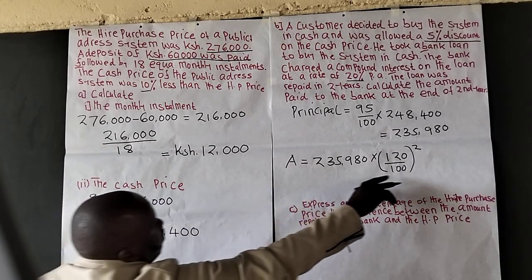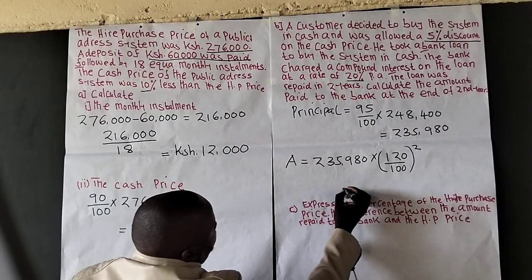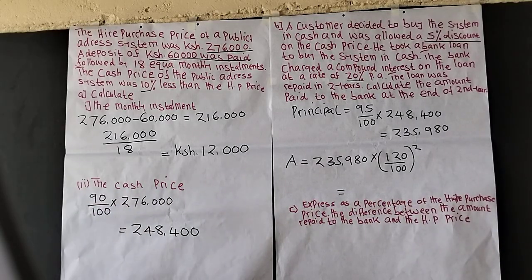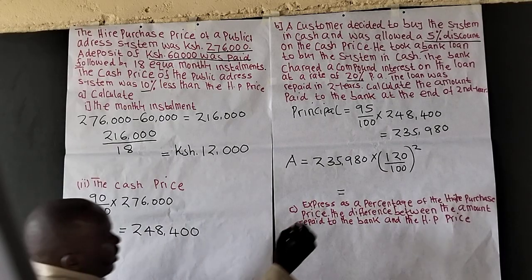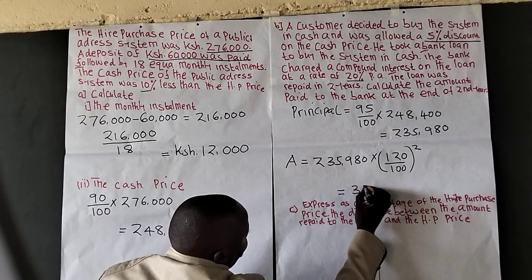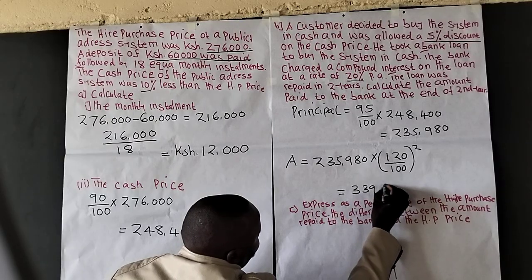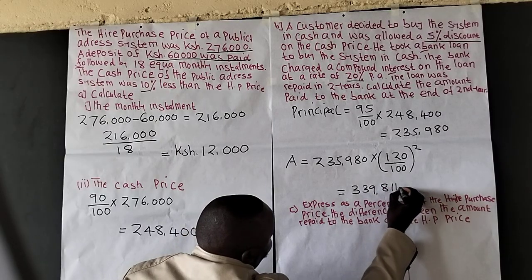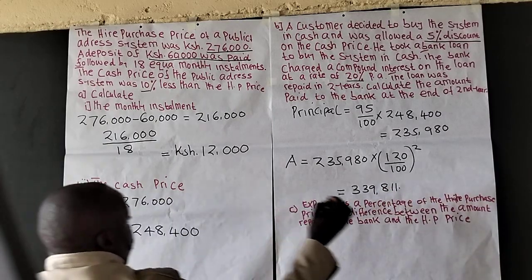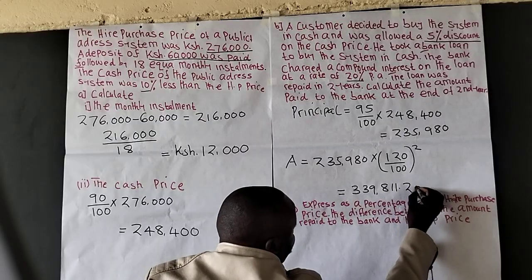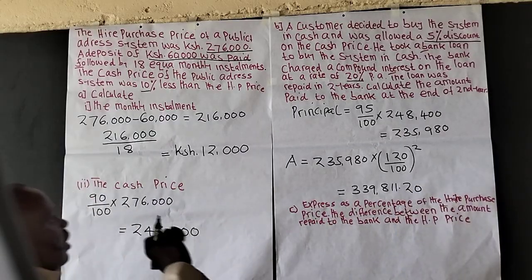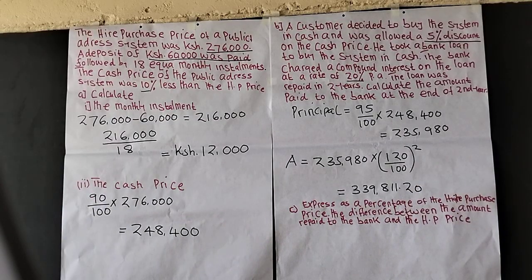You can substitute, and you get that the amount repaid will be equivalent to 339,811 and 20 cents. So this is the amount paid to the bank at the end of the second year.